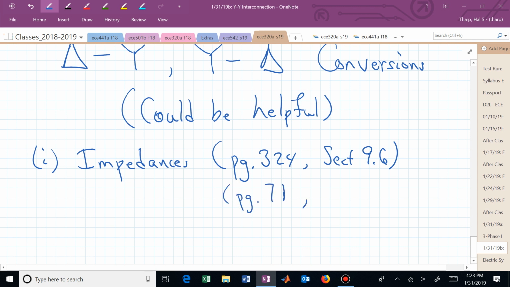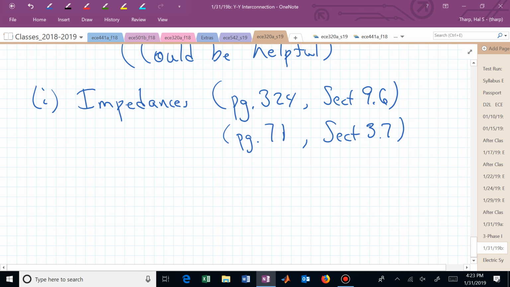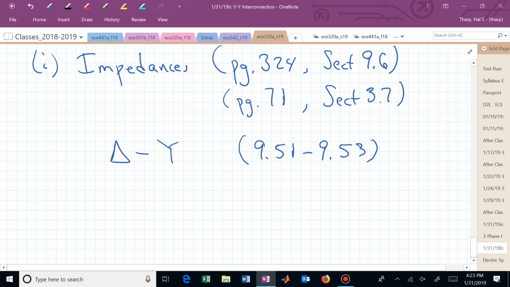And if you just want it maybe for resistors, that's clear back in chapter 3. But in chapter 9, the delta to Y conversion for impedances you will find in equations 51 through 53. And Y to delta are the next three, 54 to 56.